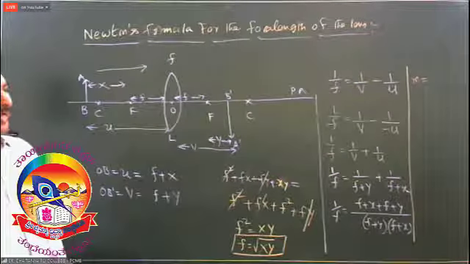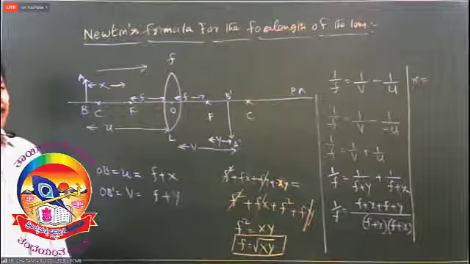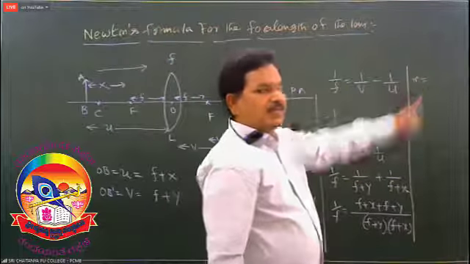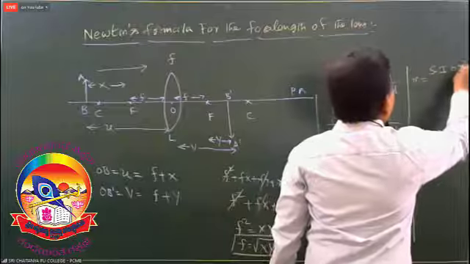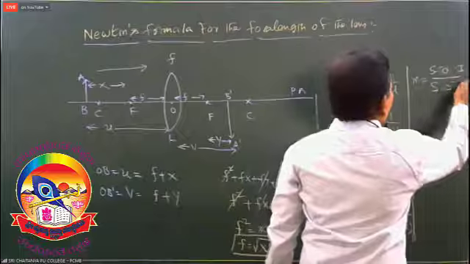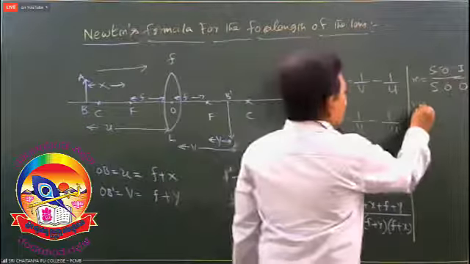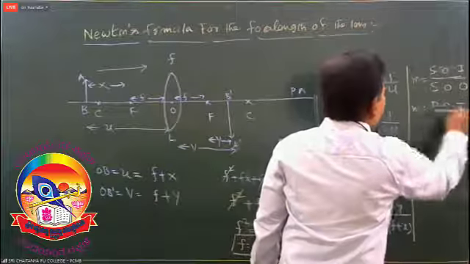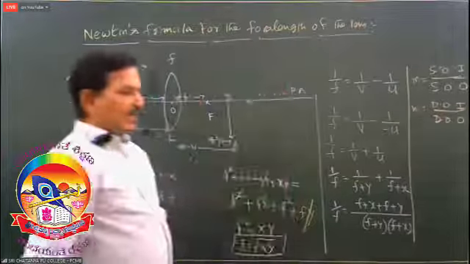How can we define the magnification of a lens? Size of image by size of object. This can be written as distance of image by distance of object, already derived.